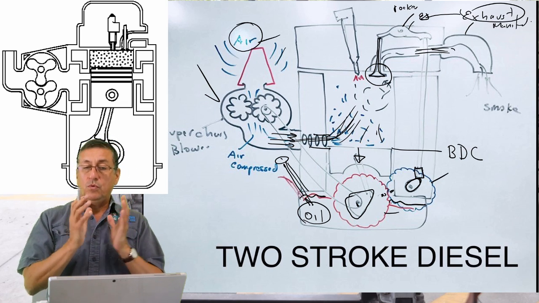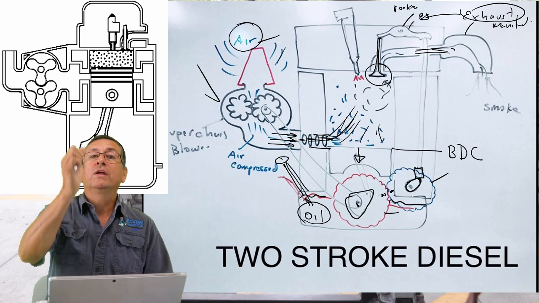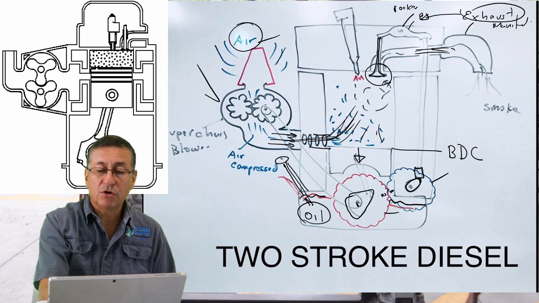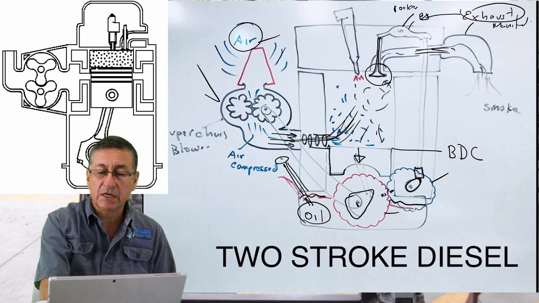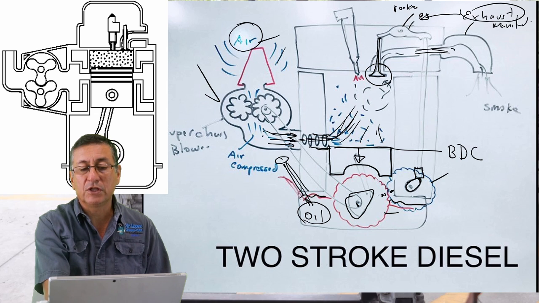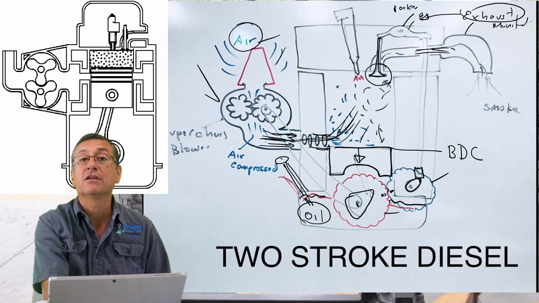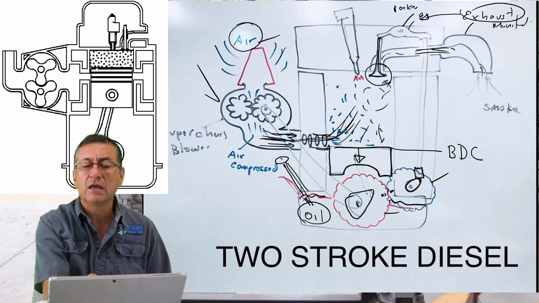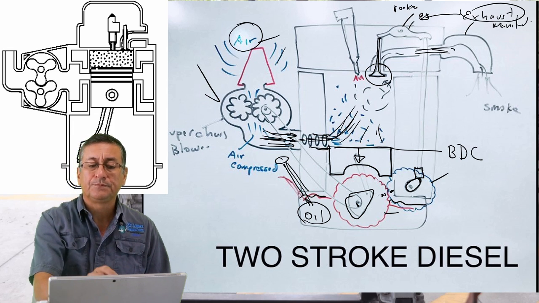All right, and I am going to repeat the procedure. When the piston is going down in the two-stroke diesel engine, when the piston reaches the bottom dead center, this port is open, and the air coming from the turbocharger or supercharger, the fresh air, enters directly through the holes and fills the cylinder.